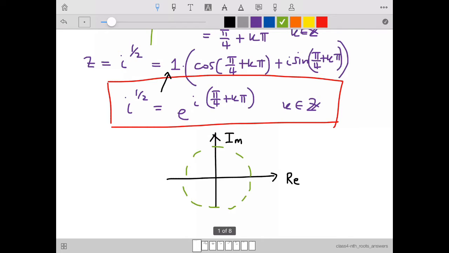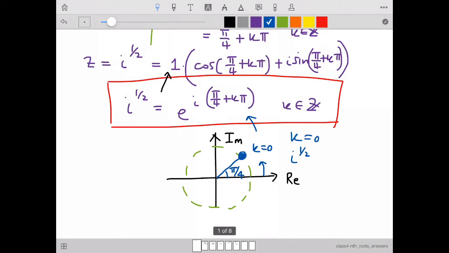When k is 0, its argument is pi over 4, measured from the positive real axis. So pi over 4 is right there. That's pi over 4. So when k is 0, this is i to the half.